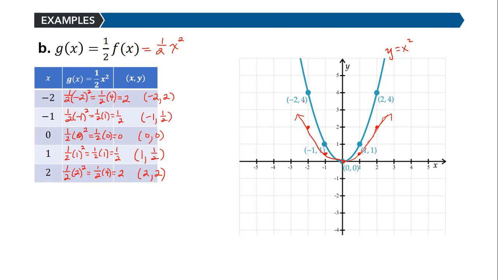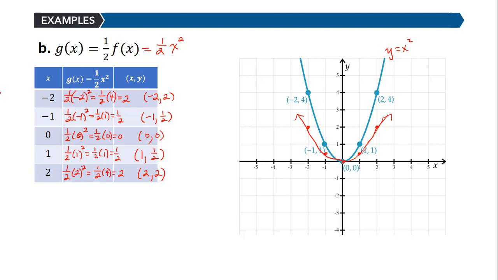Our parabola now is wider or fatter than the original parabola. And so this is the equivalent of vertically shrinking or compressing the graph. Think about standing on top of the ends of that parabola and pushing it down by a factor of 1/2, and that's what you would get.